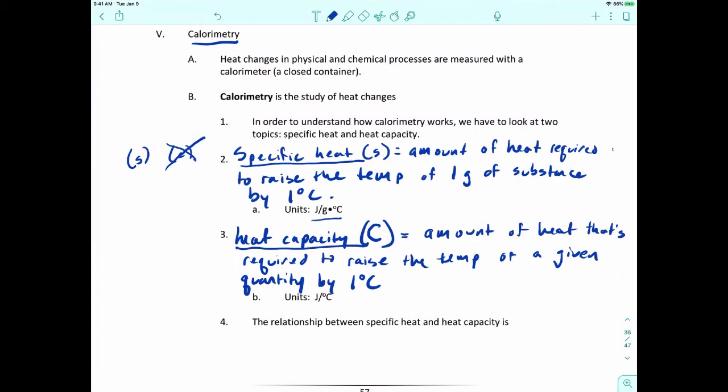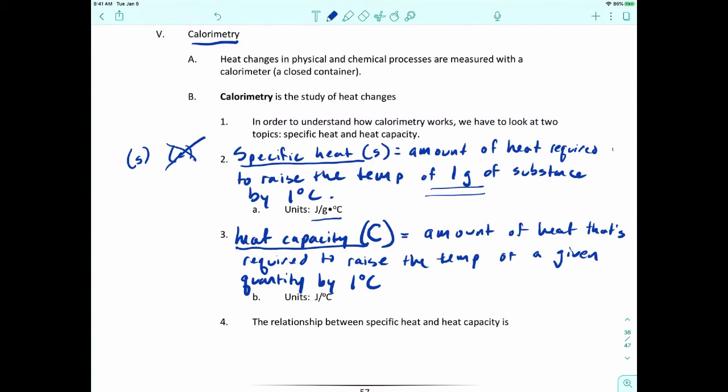Now, wait, Jim, you might be saying, what's the difference between the two? These sound pretty much the same. And they do, but here's the thing. Specific heat is talking about a specific mass. So you're taking 1 gram of the substance and trying to figure out how much heat it takes to raise that 1 gram by 1 degree Celsius.